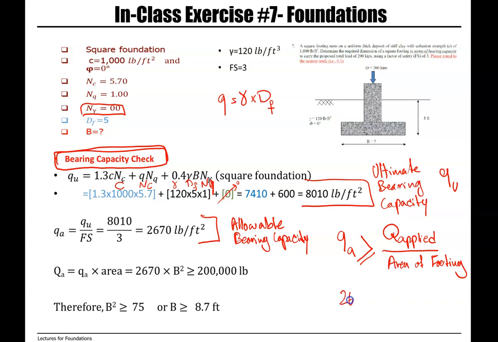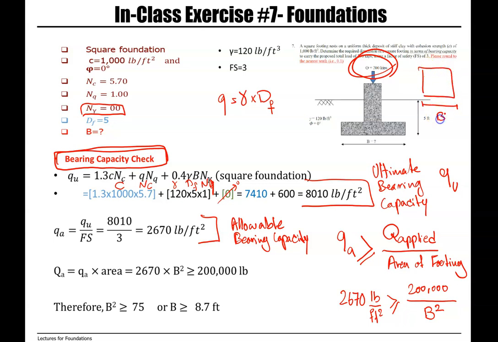So 2670 pounds per square foot. Load applied, this is how much load is applied from superstructure, is 200,000 pounds. Area of footing is unknown, but we have a square footing with a minimum width of b. So area is b squared.